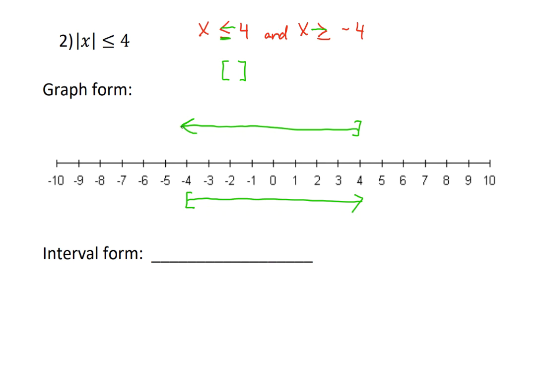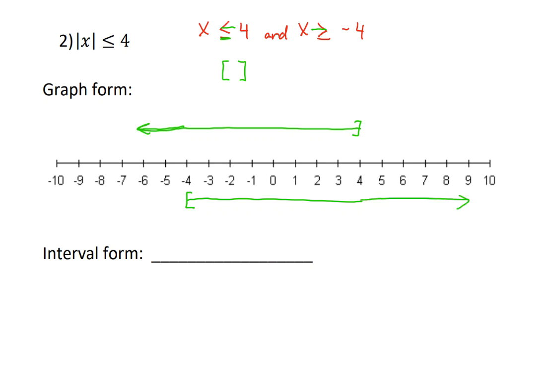So this arrow keeps going to the left forever, and this one keeps going to the right forever to infinity.